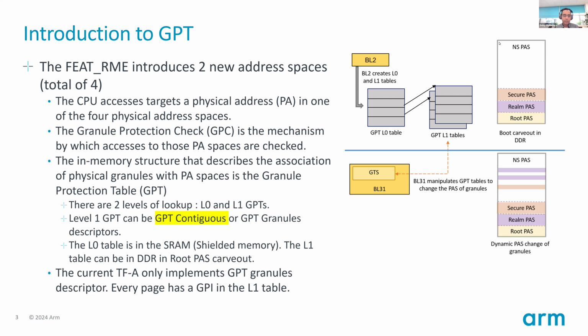The L0 table is usually located in SRAM, whereas the L1 table can be located in DDR in a root PAS carve-out. The current TF-A implementation implements granule descriptors in the L1 table. This means that every page has a GPI in the L1 table.